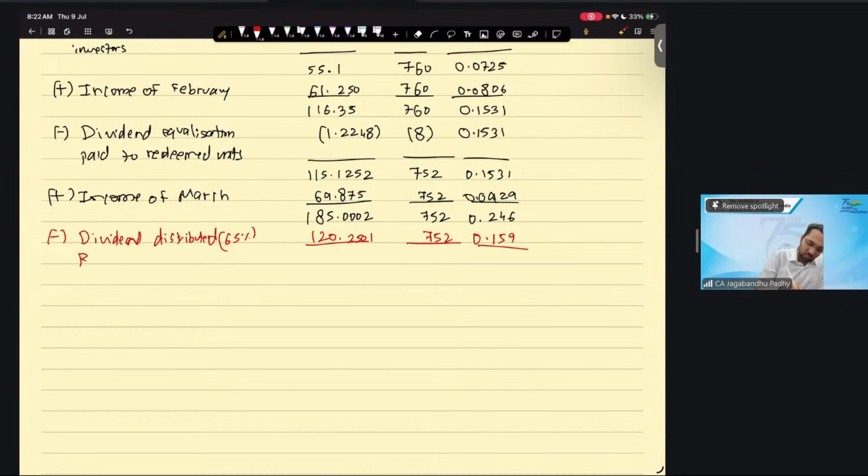So what is the balance left? 185.0002 minus 120.2501 is 64.7501 amongst 752 unit holders, and per unit wise it is 0.246 minus 0.159, which is 0.087.